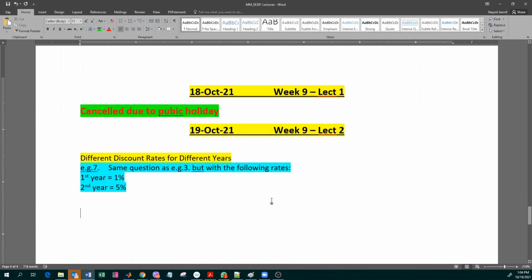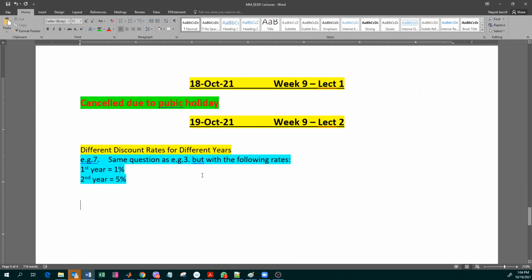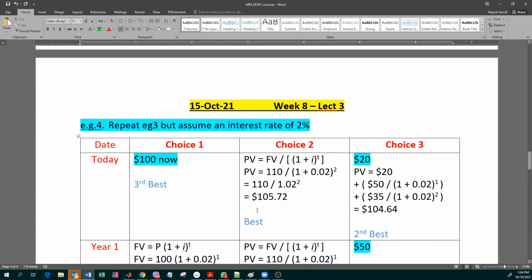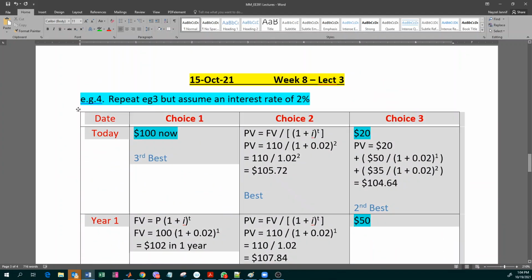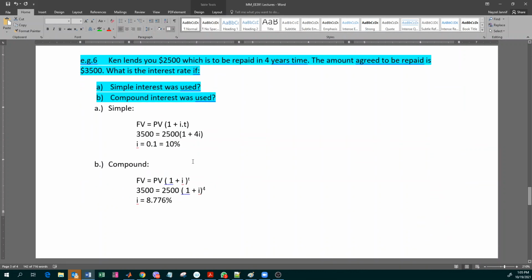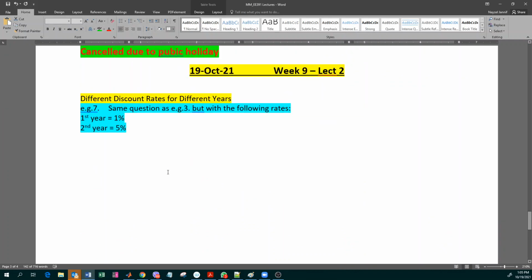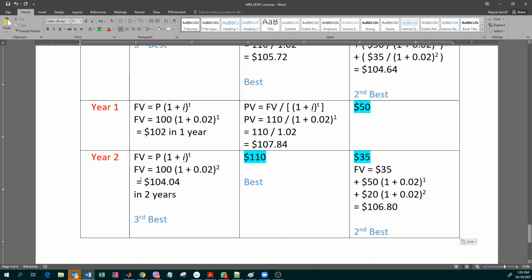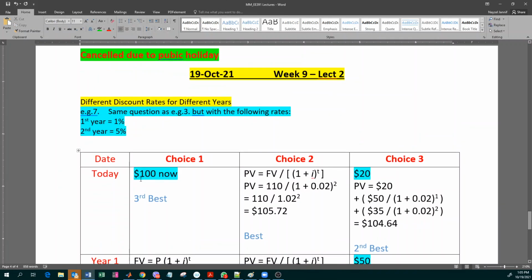The question was, we've got to do example 3 but with the following rates. First year the rate is 1%, and from second year onwards the rate is 5%. Let's copy the diagram table over.